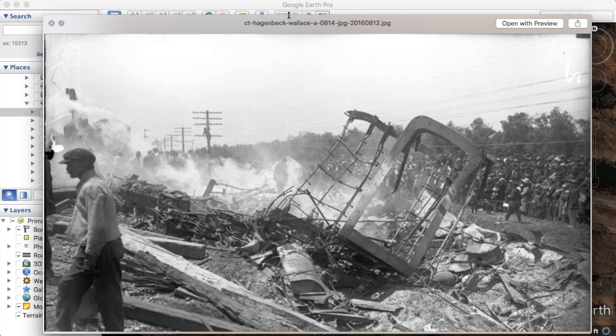Here's another view of the skeleton, which I believe to be the caboose. The caboose was made out of steel. You see all the people just standing on the side. You got people up on the telegraph poles.